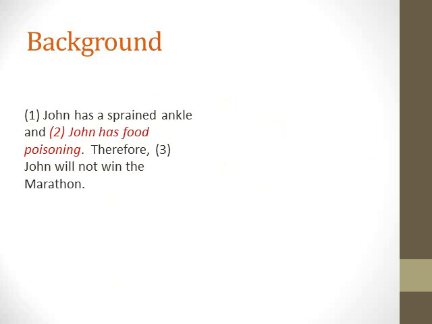Okay, so what I've done here is I've taken the same argument as the previous slide, except I added another premise here, which is 2. John has food poisoning. So here this reads John has a sprained ankle and John has food poisoning as the premises. Therefore, it follows that John will not win the marathon. Right? That's actually a pretty persuasive argument, that he probably won't win the marathon if he has food poisoning and has a sprained ankle. But anyway, we saw in the previous slide that the simpler version of this argument was 1, arrow 2.